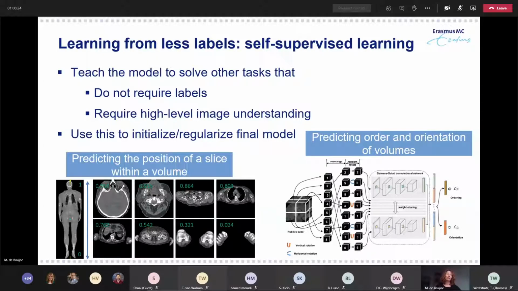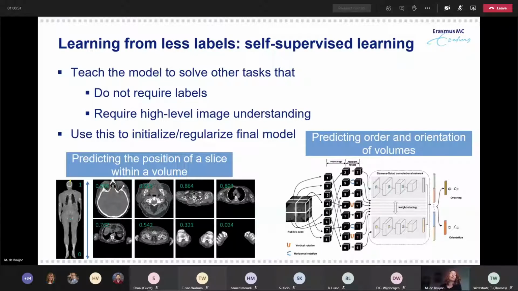Another approach is learning from fewer labels, self-supervised learning. In self-supervised learning, we teach the model to solve other tasks that do not require these manual labels, but instead the labels are something you can define easily based on the image itself.